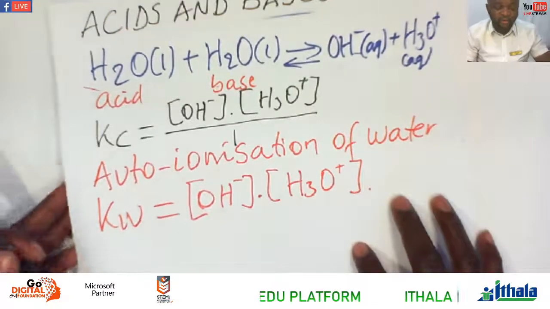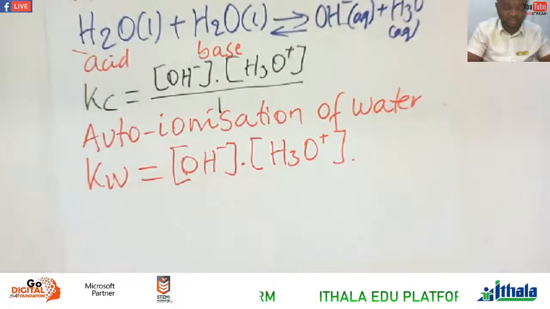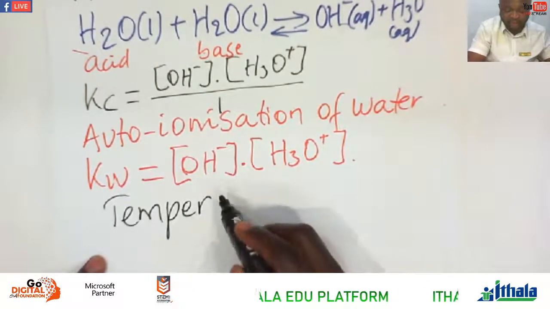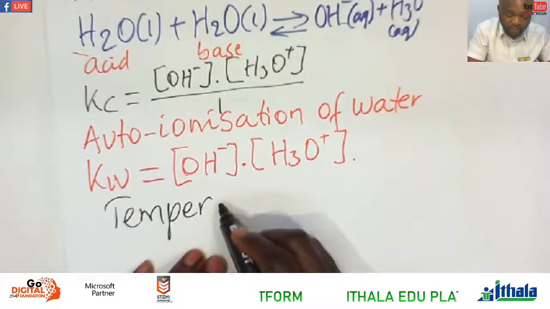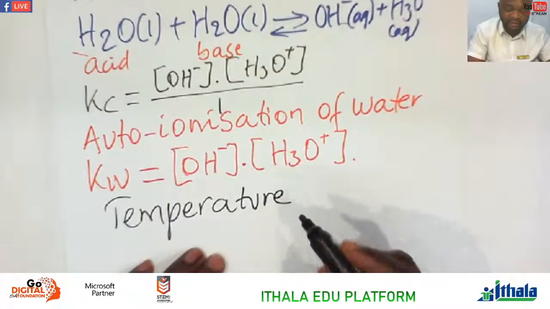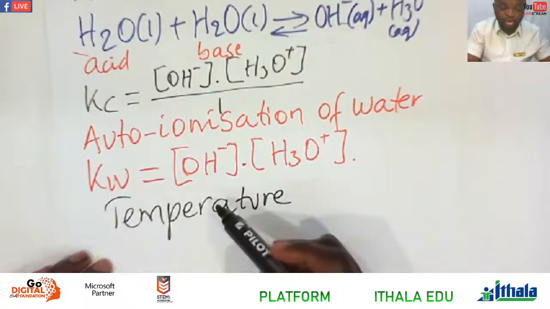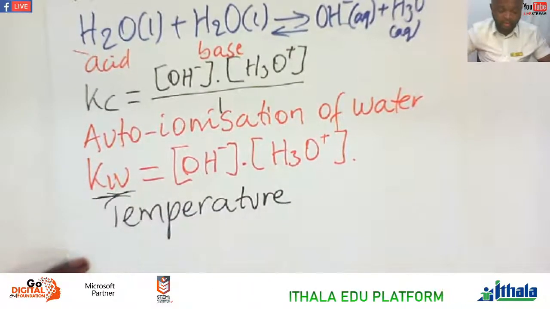Right? Now, remember the only factor that can affect the equilibrium constant is temperature. Remember from equilibrium, the only factor that can affect the equilibrium constant is the temperature. So if you have a fixed temperature, your Kw will be known.